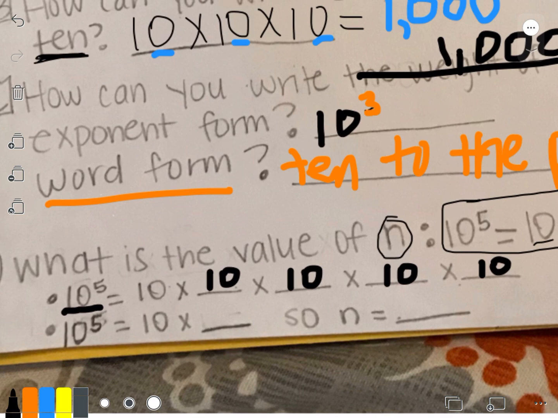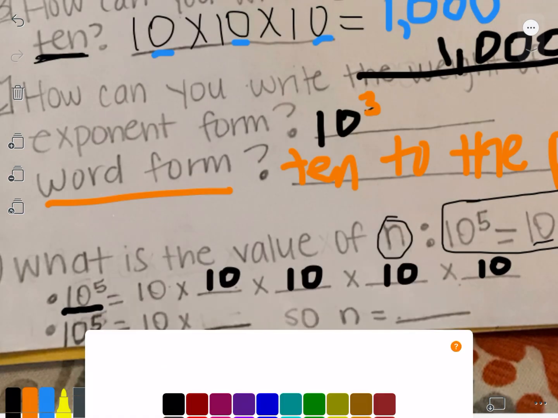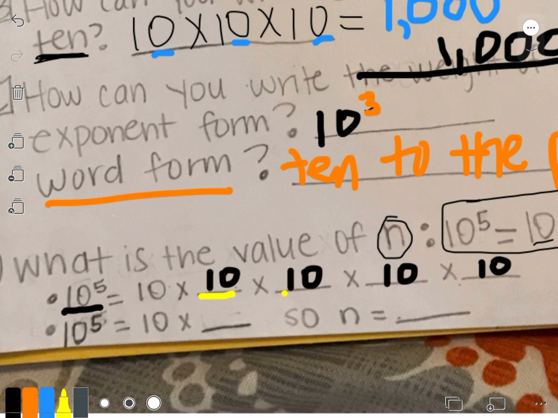Now they take it a little step further. I'm going to use yellow. They want you to get rid of this 10, this 10, this 10, and this 10, those 4 10s, and kind of put them together. If you had 4 10s that you multiplied together, they want you to think about what that would look like in exponent form.